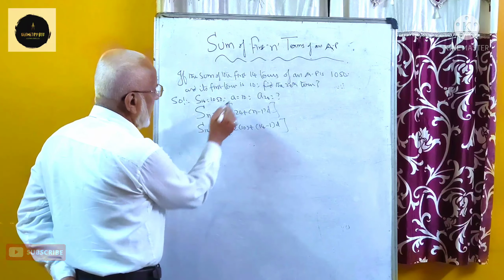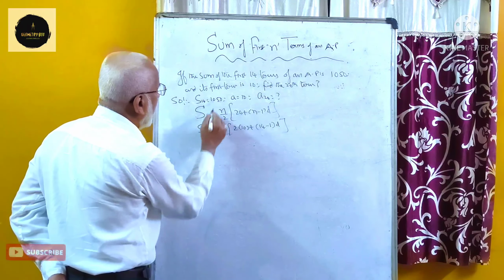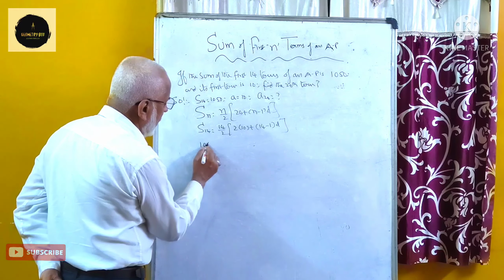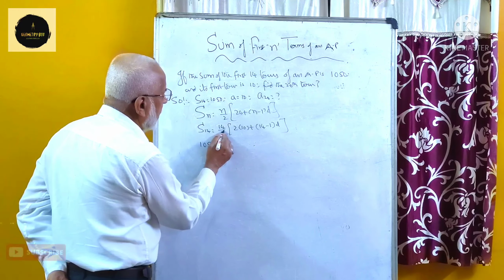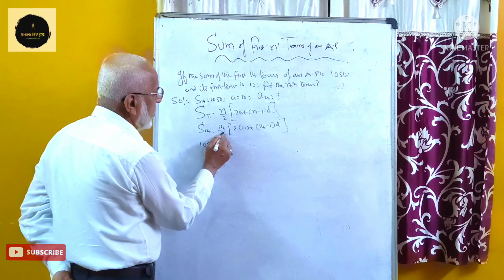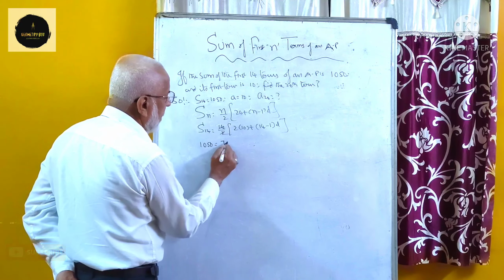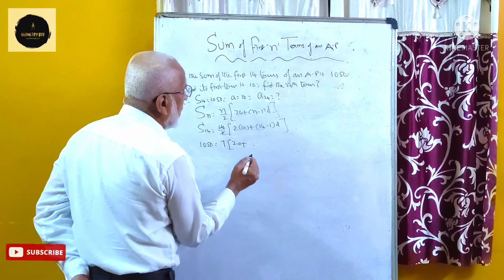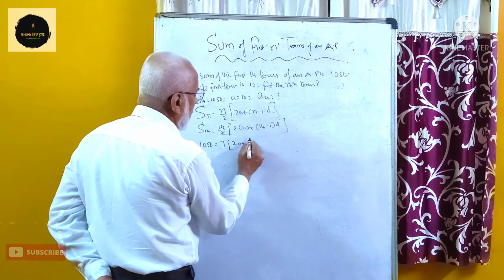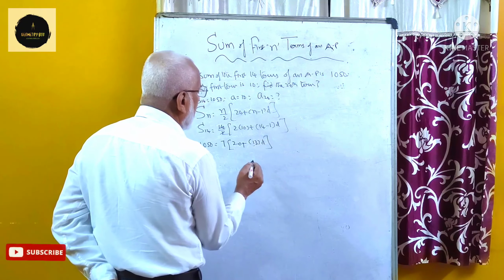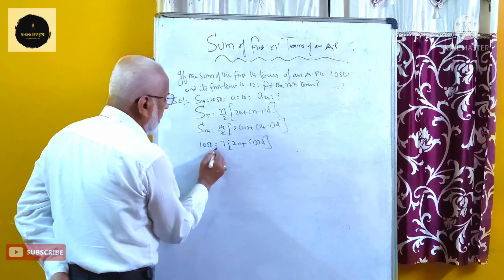S14 is 1050, so in its place I write 1050. Here 2 is a common factor: cancelling 14 by 2 gives 7. Then 2 into 10 is 20, and 14 minus 1 is 13, so 13 into d.